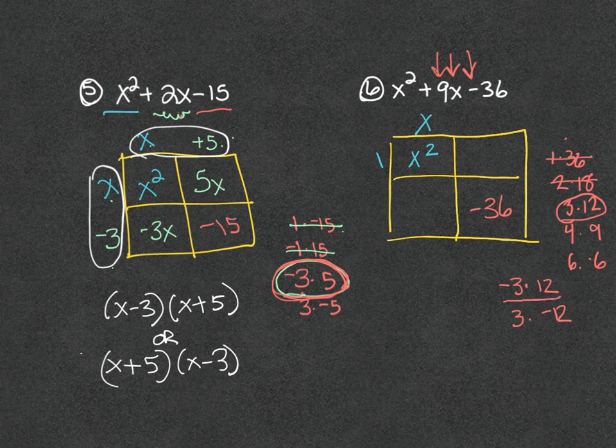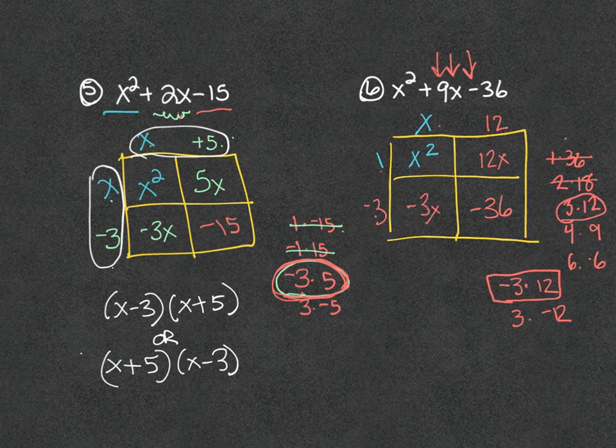If I look at this set right here, a -3 plus 12 is going to give me a positive 9 when I combine those together. So that tells me I'm going to make one of these a -3 and one of these a positive 12. I'm going to take x times 12. I'm going to take -3 times x.